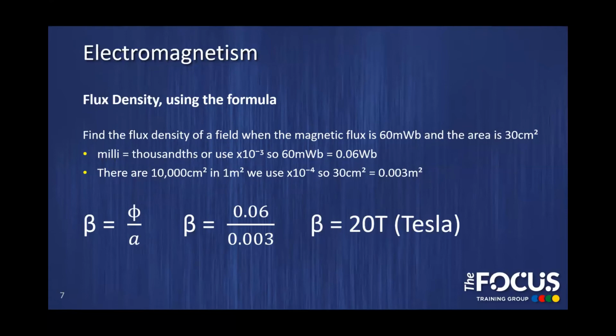The next thing we need to convert is centimeters squared to meters squared. And if we think about how many 1 centimeter square blocks we would need to fill a square meter, we would need 100 times 100, so we would need 10,000 centimeter squares to fill a 1 meter square.